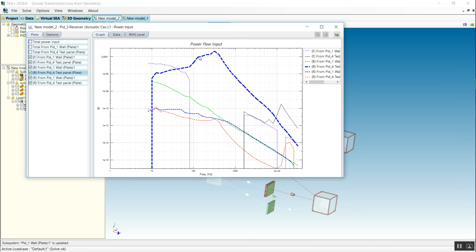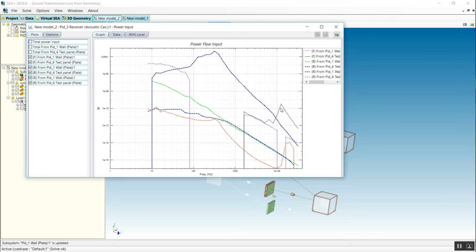Here it is driven by the non-resonant energy of the test panel. So this non-resonant energy, by definition, is not resonant, so it's not driven by the damping at all. It's driven by the mass of the test panel. So the only capability you have is either to increase the mass of the panel or have a trim with more performance, because this mass law is going through the trim.